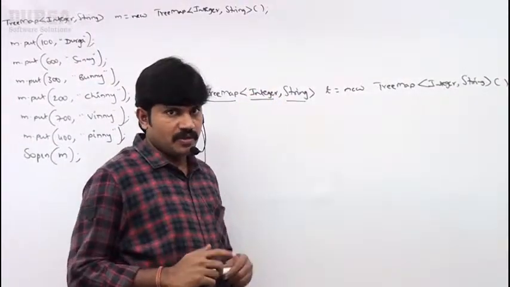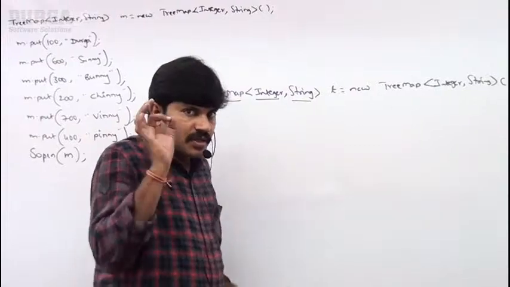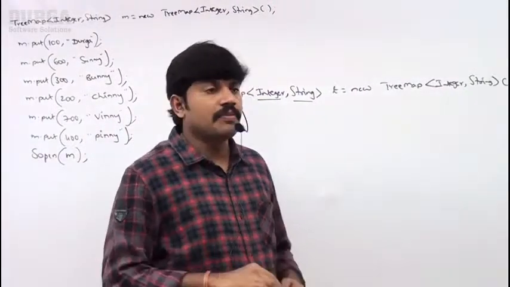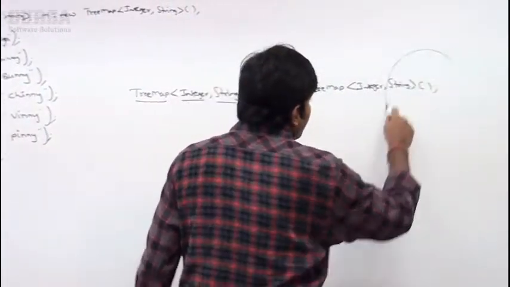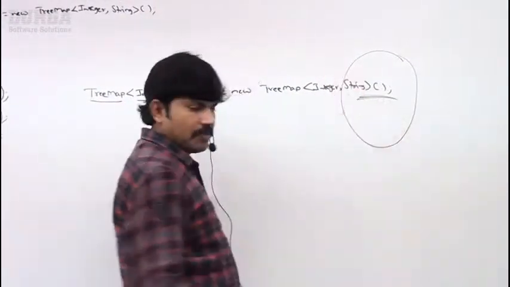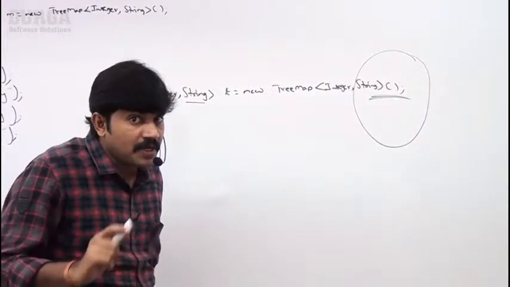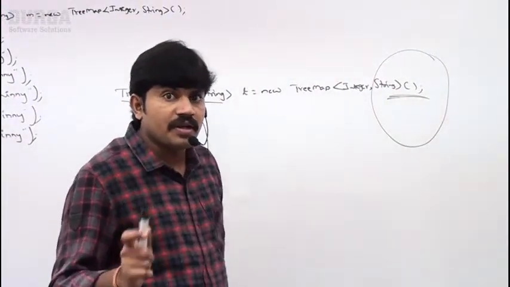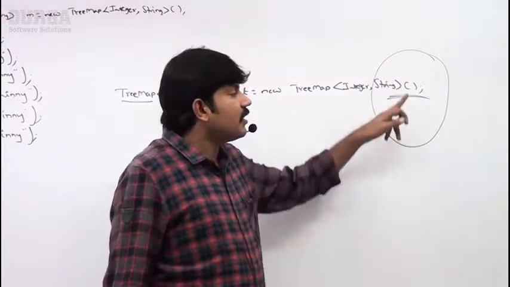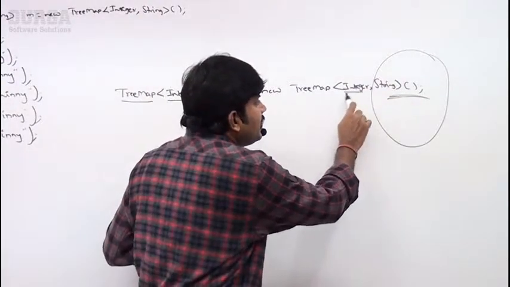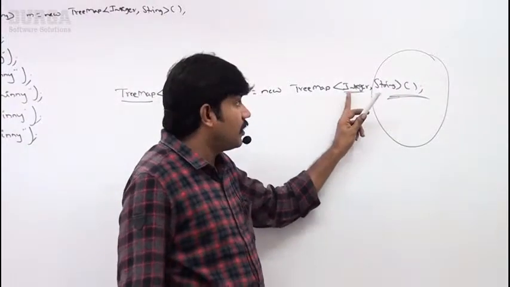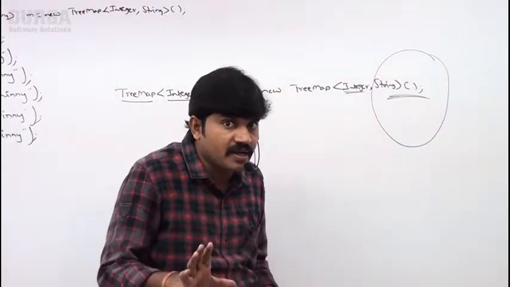By default, TreeMap is meant for the default natural sorting order of keys, because here we are not passing any comparator object as the argument. If you are not passing a comparator object, then the default natural sorting order will be used. The default natural sorting order for Integer means ascending order, right?